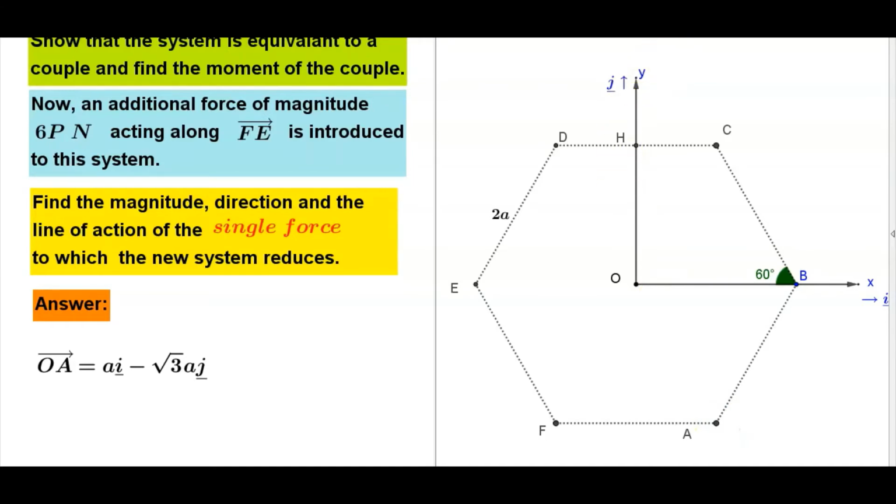The position vector of C is ai plus root 3aj, so the coordinates of point C are a, root 3a. The position vector of E is minus 2ai, therefore the coordinates of point E are minus 2a, 0.